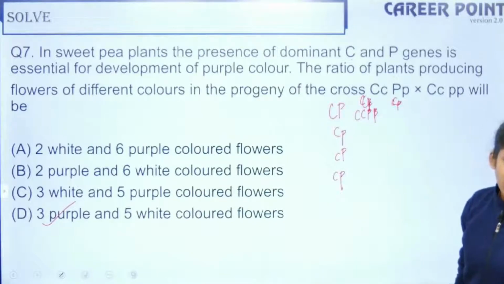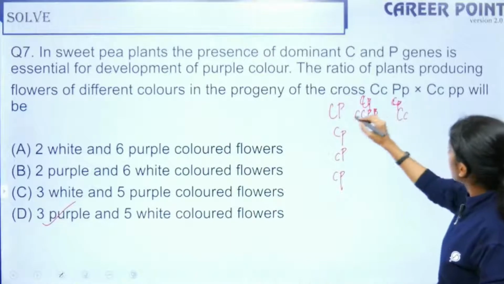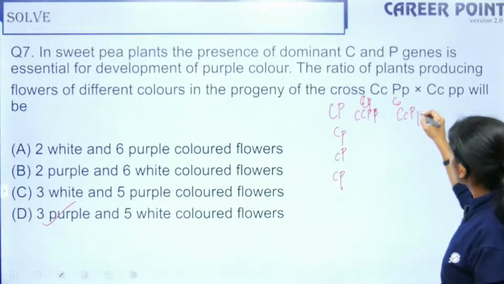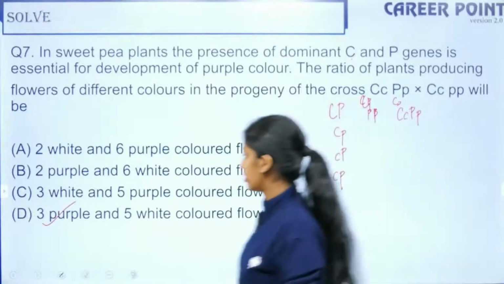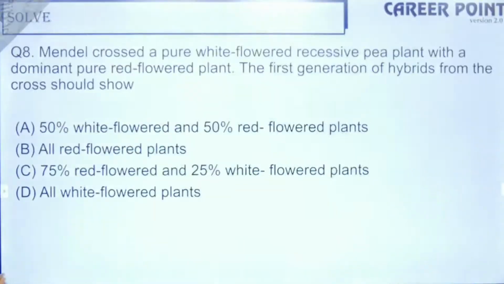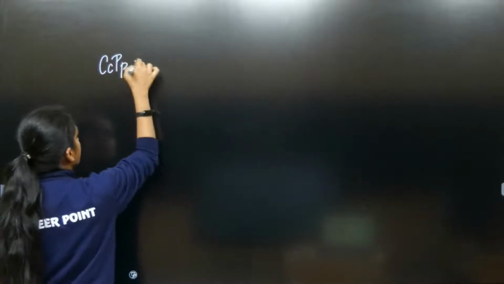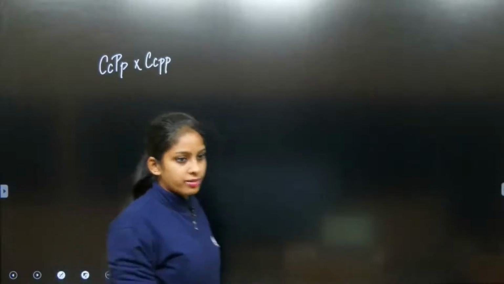Okay, I hope you understand. Okay, so here then you have capital P, small p. This is the cross, okay?